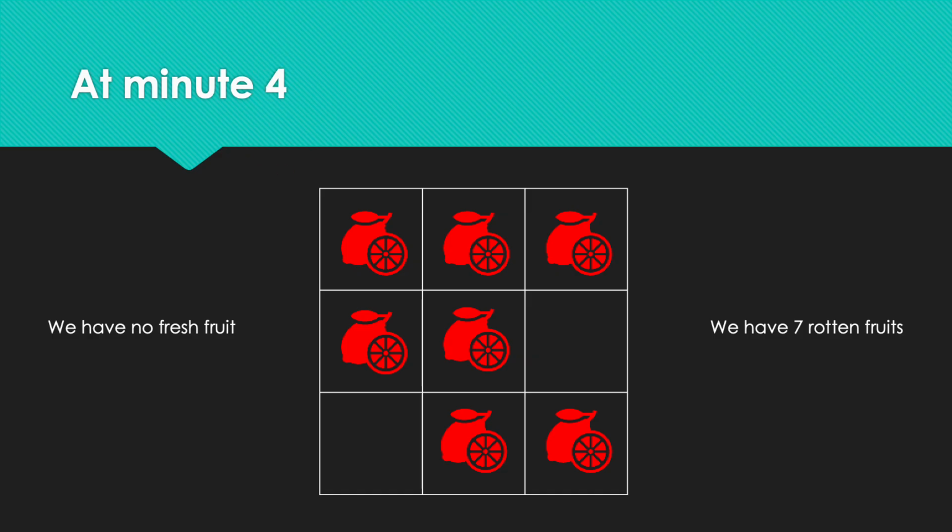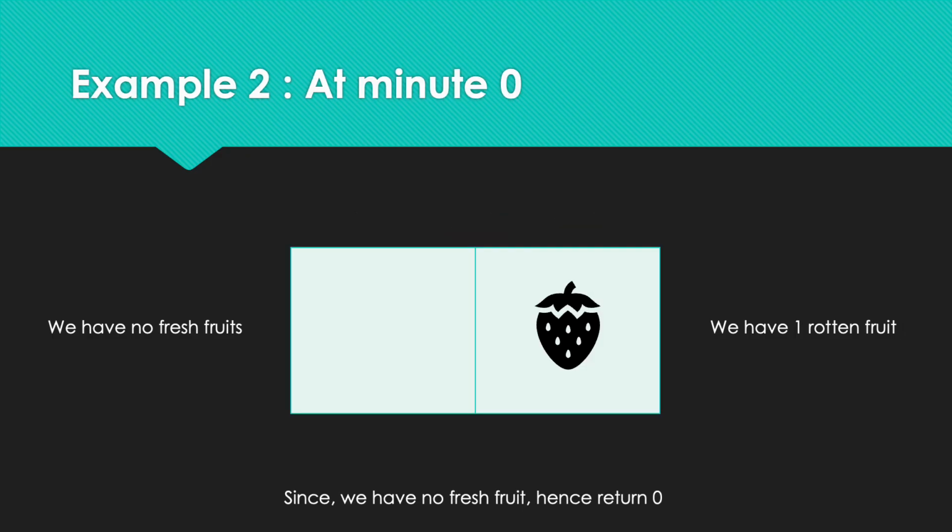To understand the edge cases better, we have another example which will help us understand some edge cases to solve this LeetCode question better. So in this example, we've taken strawberry, and this is a rotten strawberry, FYI.